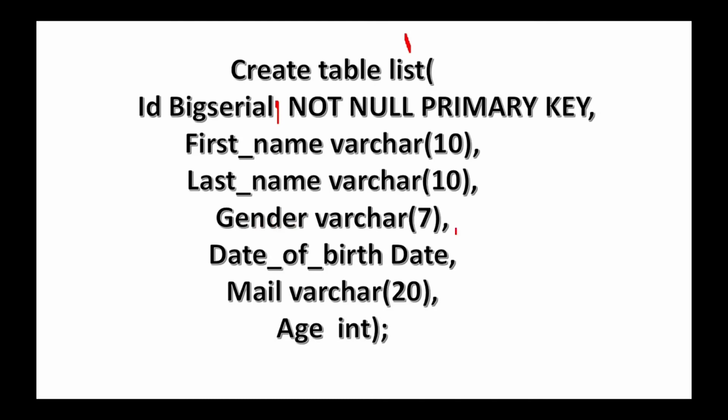Then we have gender. Then we have date. This is the data type we're using for date of birth. Using date, this will give us the year, the day and the month. No time. If we use timestamp, it will give us also the time when the person was born, but nobody really knows the exact time when your mother gave birth to you exactly.